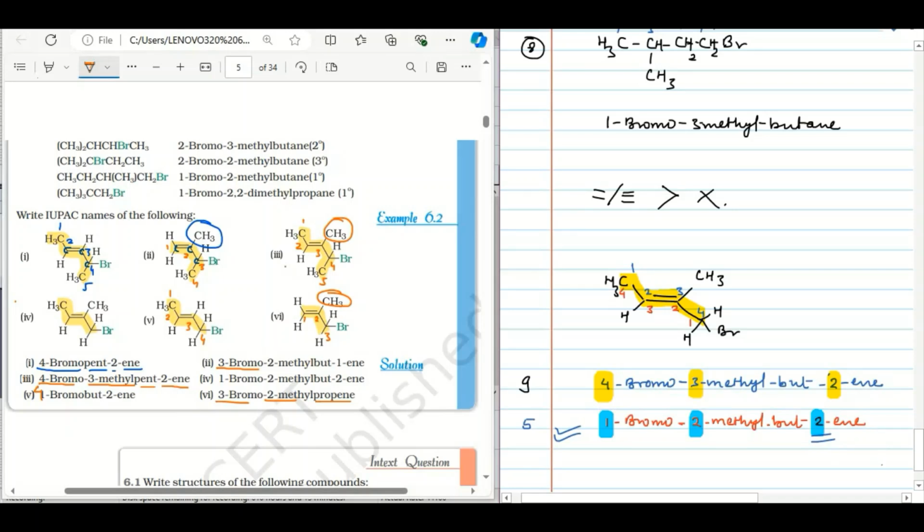If it does, as in the fourth example, where numbering from top to bottom or bottom to top, the double bond gets the lowest possible number, that is 2, but the other substituents get different numbers, in that case you have to consider the lowest sum rule.